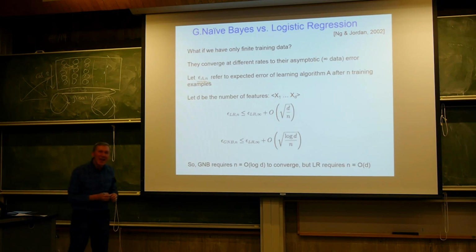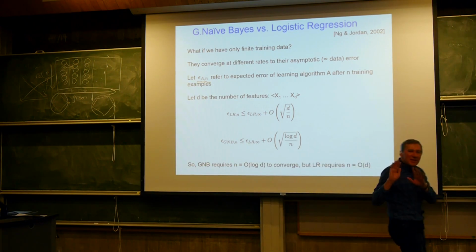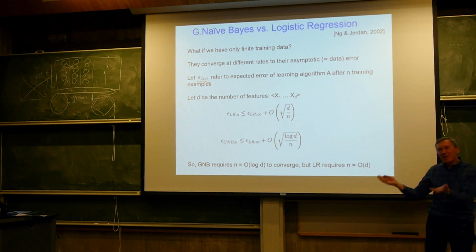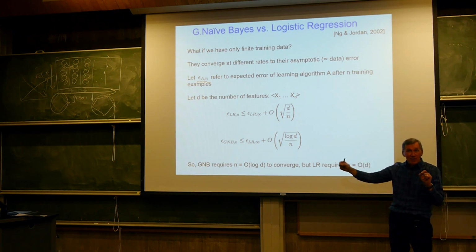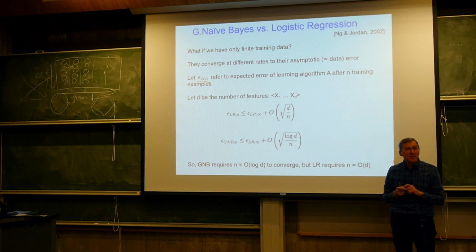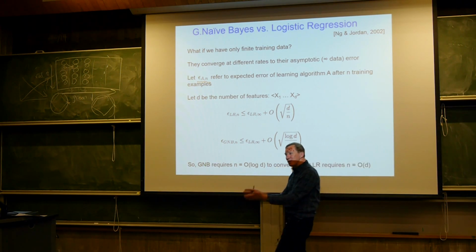Okay, so now let's look at this. That previous discussion was in the infinite data case. So is there anything we can say about how quickly, in terms of training data volume, these different algorithms converge toward their infinite data solutions?